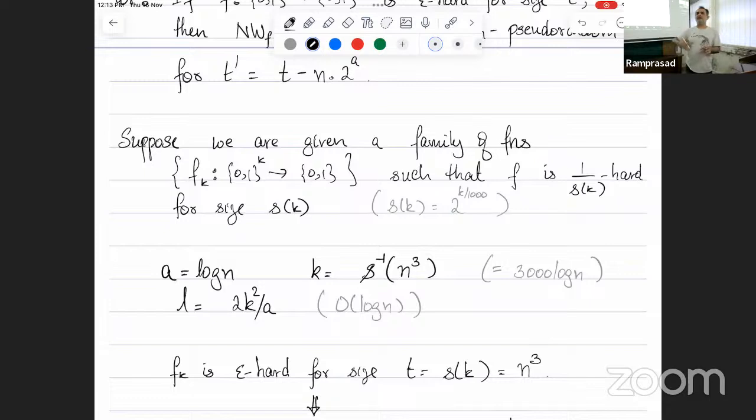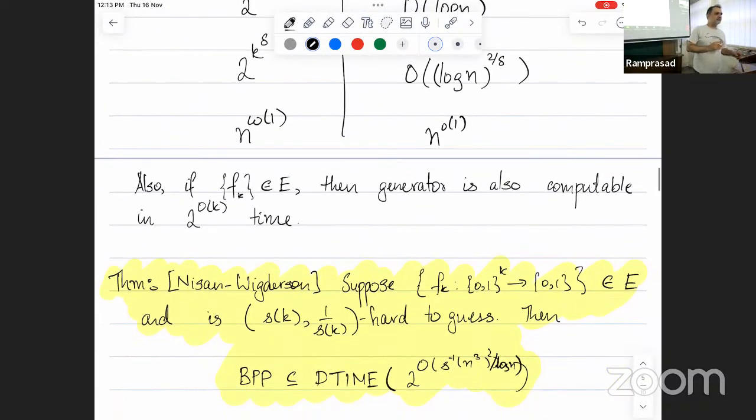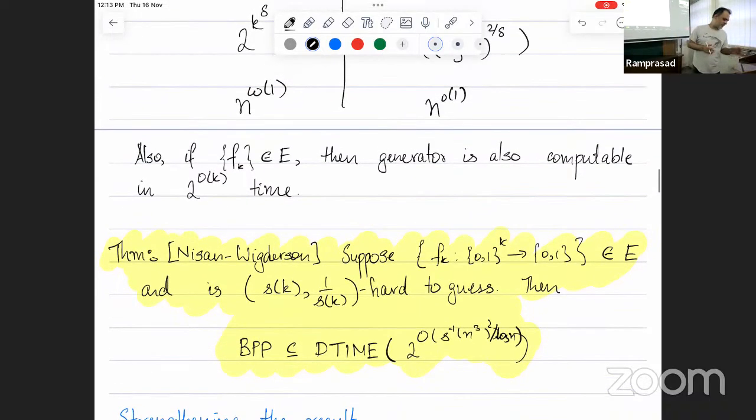So I'll have to work with a large enough thing so that it drops below 1 over n. From that point onwards, this works. So that's the one annoying catch. And S of k is sort of comparable to n, because you are always expecting that. Okay, so that completes the Nisan-Wigderson proof.